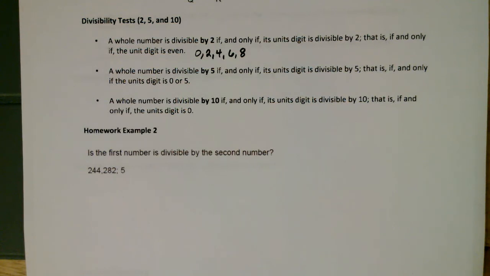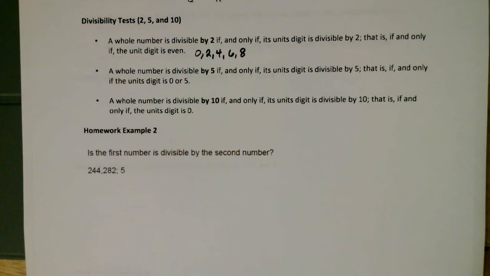That's the last digit, which is the units digit. It's going to be 0, 2, 4, 6, or 8 for that number to be divisible by 2. Next, a whole number is divisible by 5 if and only if its units digit is divisible by 5.